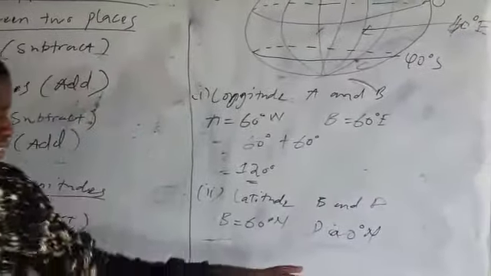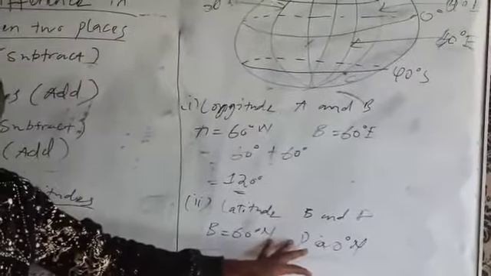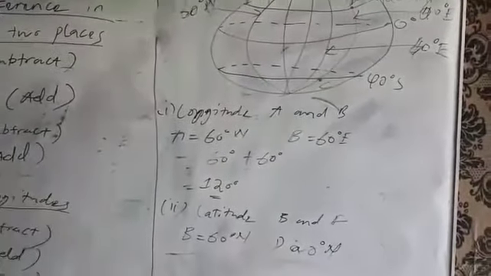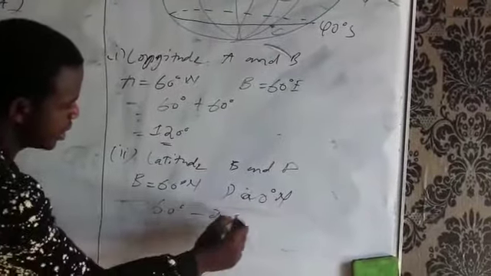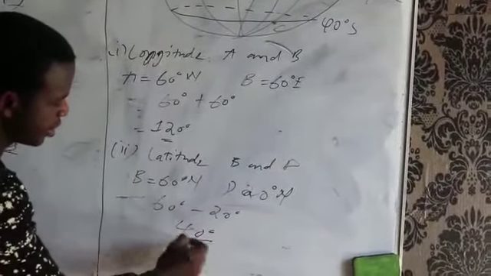As you can see, these 2 points have the same signs, and same signs you subtract. So 60 degrees minus 20 degrees, and that's 40 degrees.